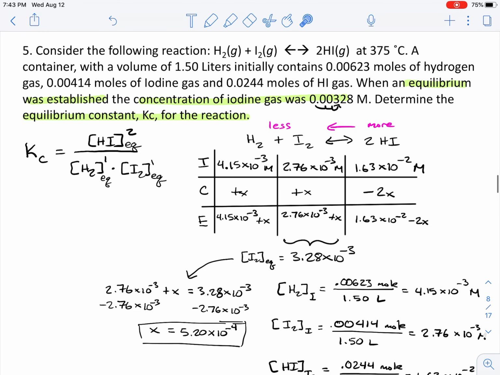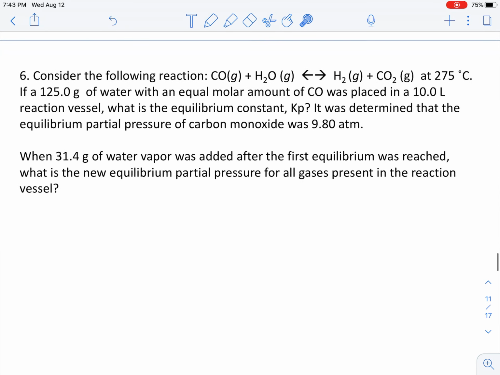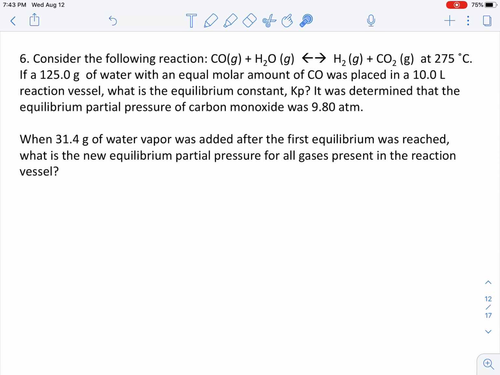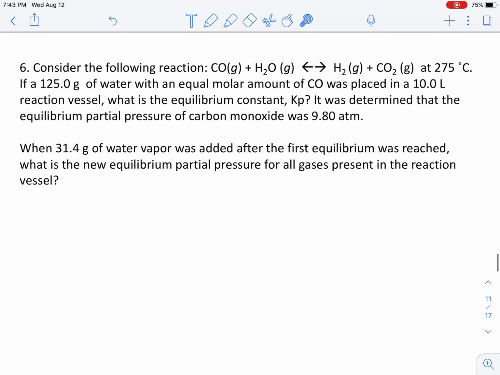Cool. So let's go ahead and work through our last class example. And this one is a long one because there's two parts to this. And so this problem is an offshoot of one of the problems in your worksheet.